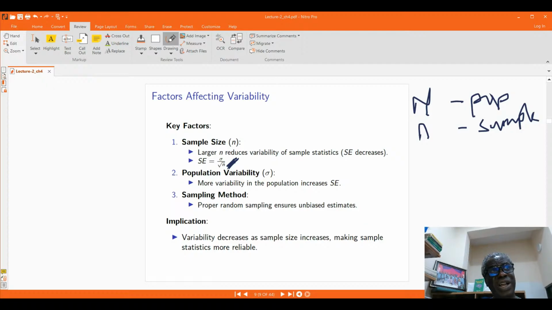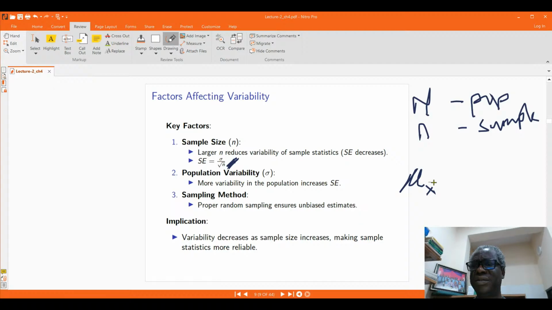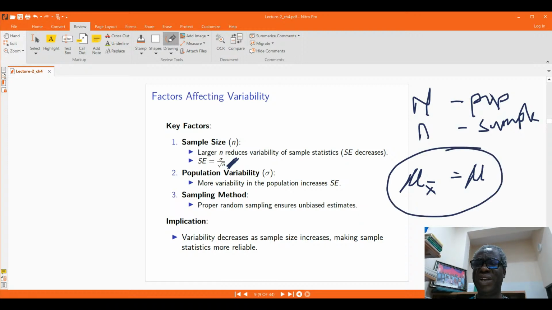That's when we will have an unbiased estimate.